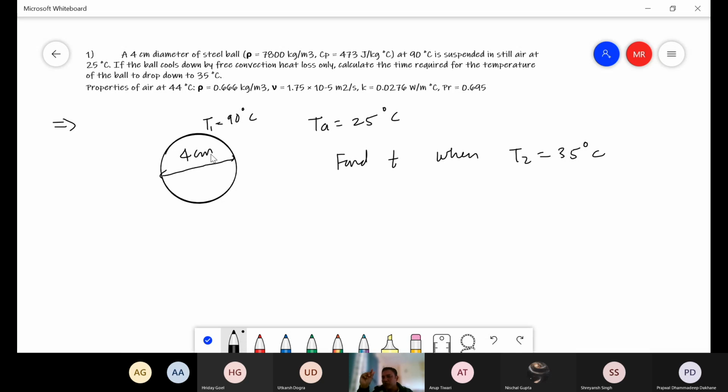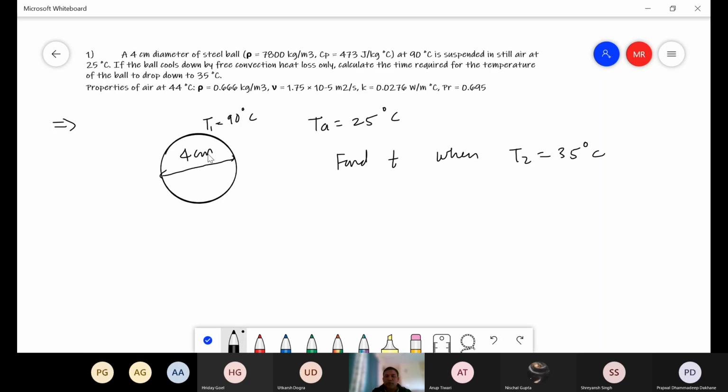Very often we don't look at this difference carefully. When we are looking at free convection and forced convection, in both cases average temperature has to be used for properties, but the average is calculated differently. In forced convection, the average is calculated with respect to the fluid: the fluid at one end and the fluid at the other end, and the average of those two temperatures is taken.